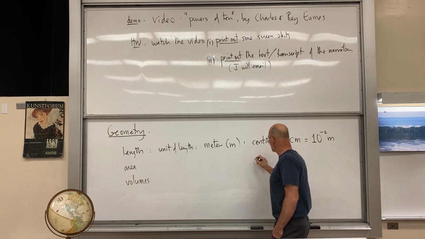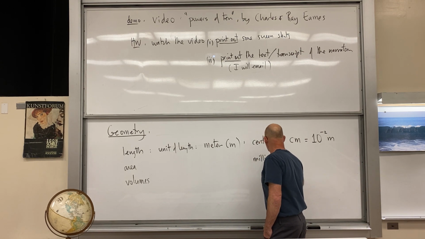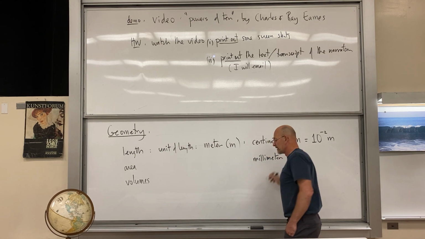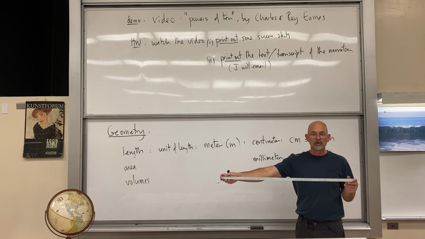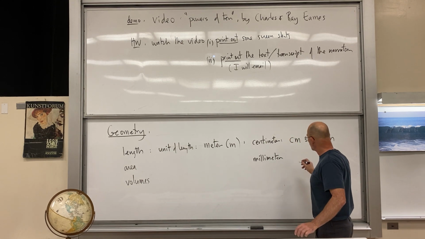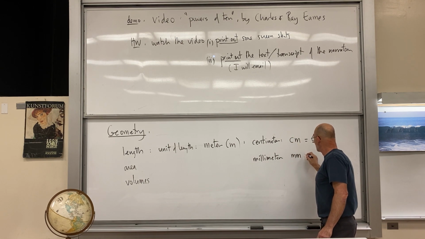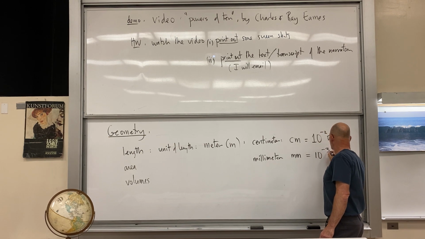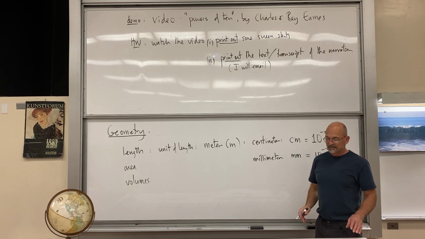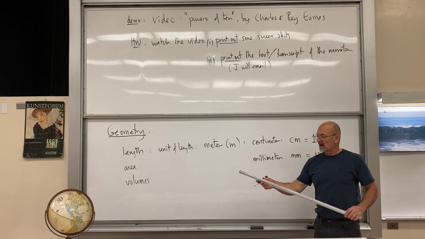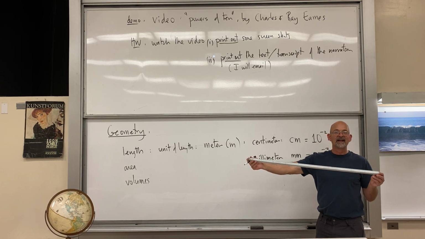We have the millimeter, and that's the smallest increment typically on one of these rulers. The millimeter is 1/1000th of a meter, or 10 to the minus 3 meters. If you go in the other direction, 1,000 of these is a kilometer.